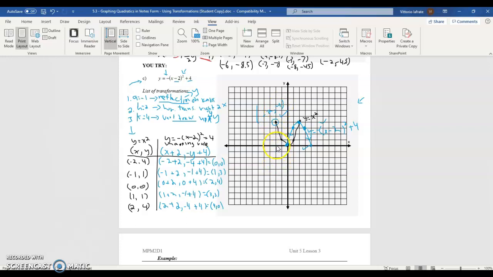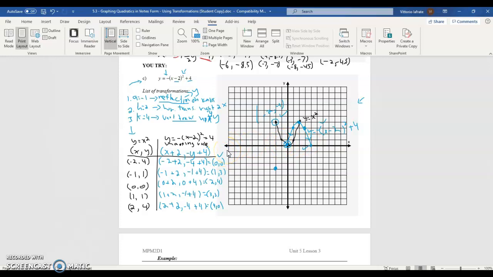So it would go negative 2, 1, 2, 3, 4 over here. And then, when you apply your translations, 2 to the right, 1, 2, 4 up, 1, 2, 3, 4, it became 0, 0, just as we start our mapping rule over here.